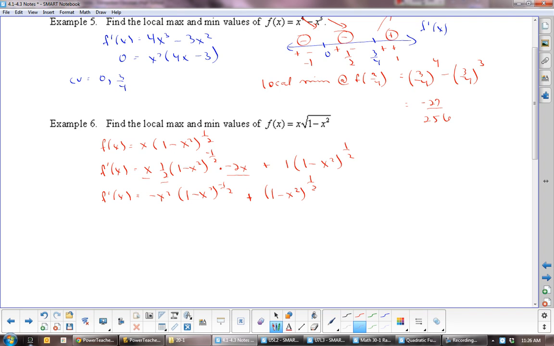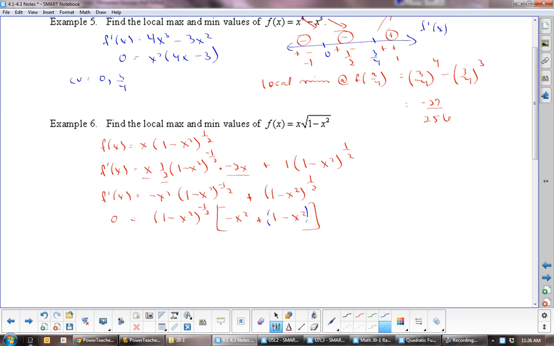Both of them have a 1 minus x squared to the negative half in them. So f prime of x, or I can even say 0 equals at this point, I'm going to take out a 1 minus x squared to the negative half out of both. That would leave me with negative x squared plus 1 minus x squared.